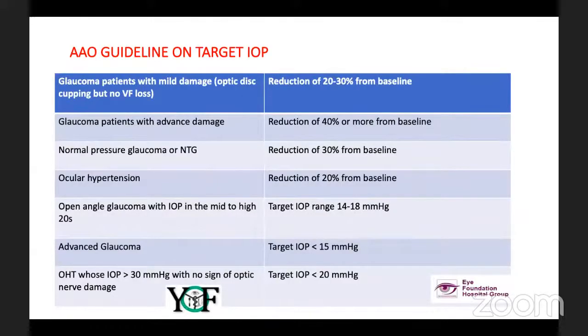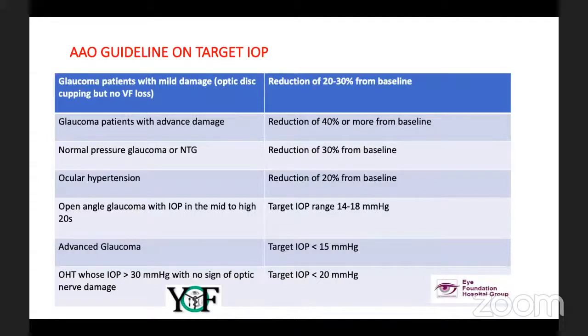The AAO guideline on target intraocular pressure says glaucoma patients with mild damage, that is optic cupping but no visual field loss, the reduction should be between 20 to 30% from baseline. Glaucoma patients with advanced damage, the reduction will be 40% or more from baseline.